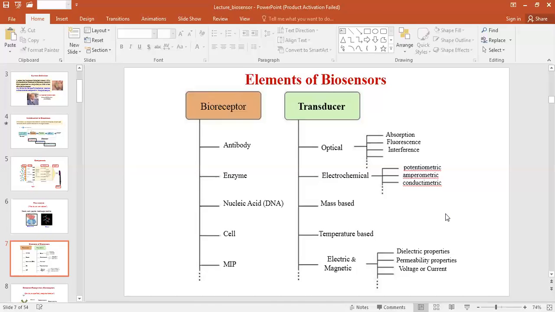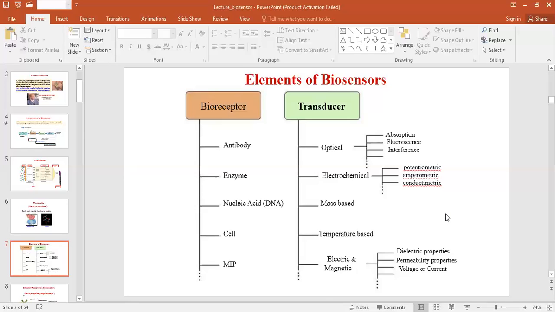electrochemical, mass-based, temperature-based, electric or magnetic-based. So if the metal ion has dielectric properties or will develop some current or voltage, then we should use electric or magnetic transduction. If it is temperature based, means temperature is raised, then we have to use some thermometric property, that should be a thermometric biosensor.